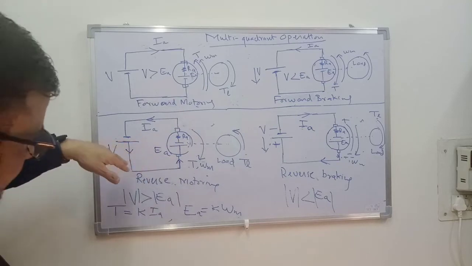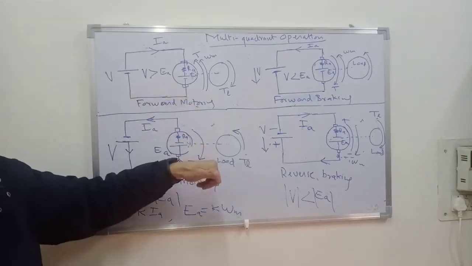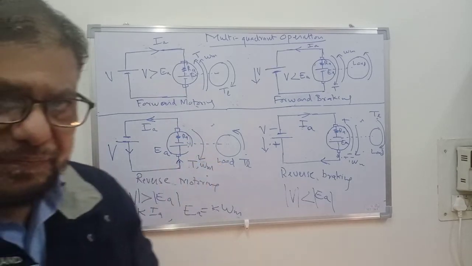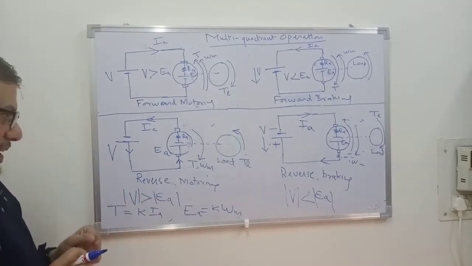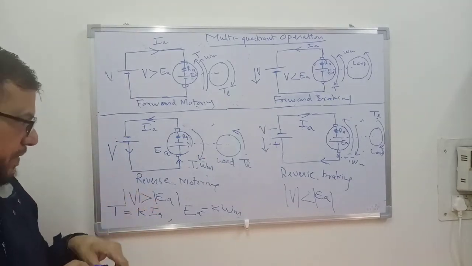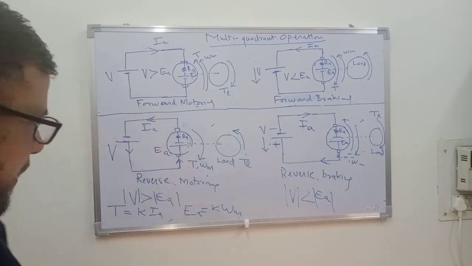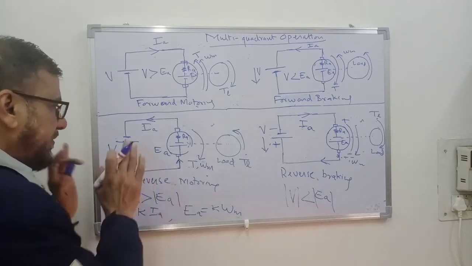Because of the flow of current in the reverse direction, a torque is produced in the reverse direction and the motor starts accelerating. Speed will increase and finally it will attain certain speed at which the motor torque is equal to the load torque. Now it is a reverse motoring mode.